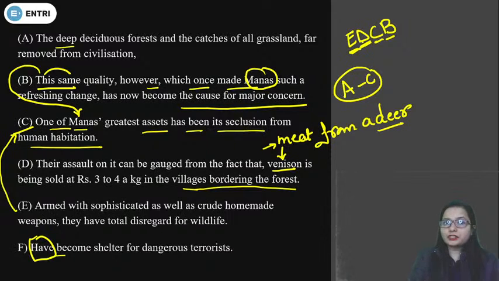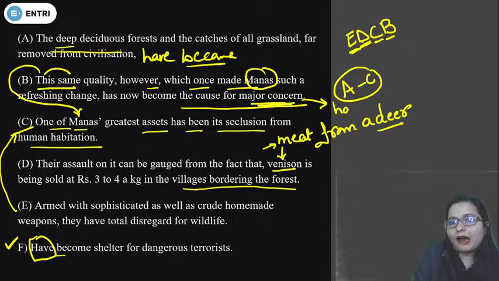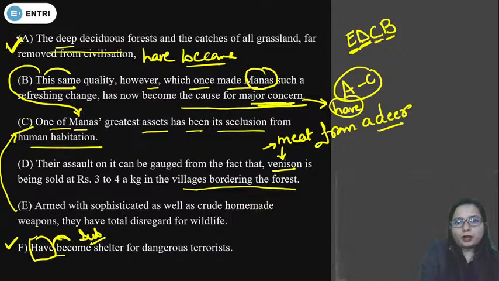We have to have a subject. And obviously we have to use it here, and after that we should say that have become. Understood? You cannot use this statement, right? Because if you see, major concern will not fit here. So have become needs a subject, and this sentence will become the subject.